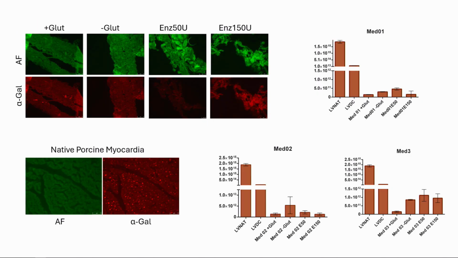For the qualitative analysis we used immunofluorescence. For the immunofluorescence data, the glutaraldehyde always caps or preserves, hiding the presence of alpha-gal, so in all of the groups we were not very sure about the presence or signals of alpha-gal. I was using lectin for the identification, and we did not find lectin binding very efficient compared to the control, native myocardium.